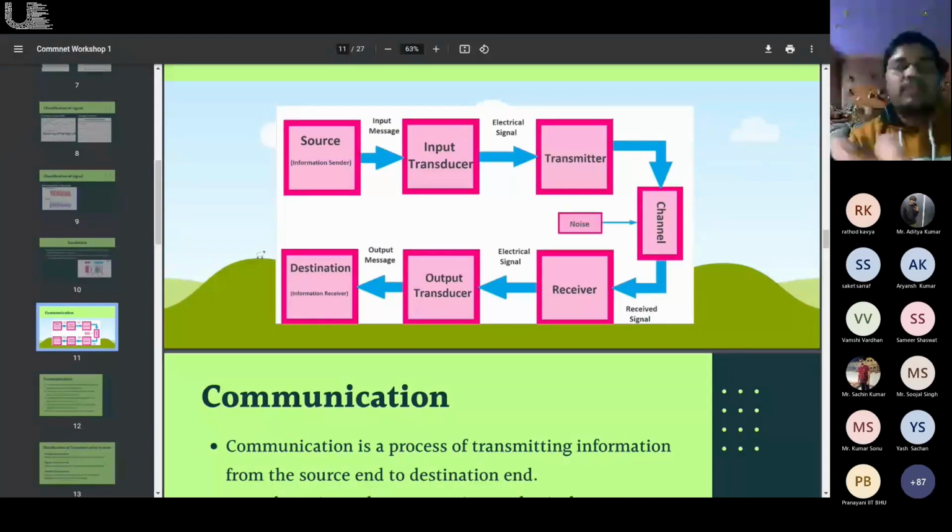We are not converting it into a digital signal. After that this electrical signal is converted into an electromagnetic wave, then transmitted through the channel, then received, then converted back to an electrical signal, then back to the sound, voice or video. So in this case we are not discussing digital, right? Did I say digital anywhere in between?